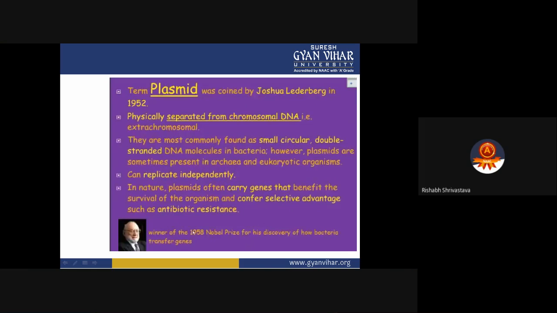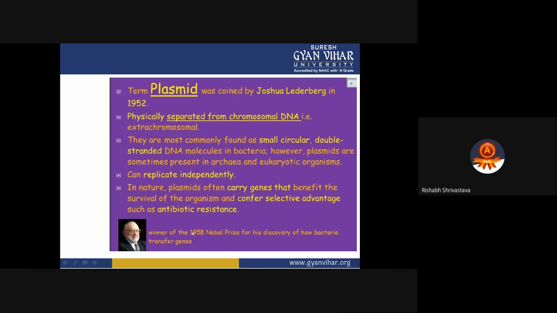The term plasmid was coined by Joshua Lederberg in 1952. They are physically separated from chromosomal DNA and are named extrachromosomal. They are most commonly found as small circular double-stranded DNA molecules in bacteria.